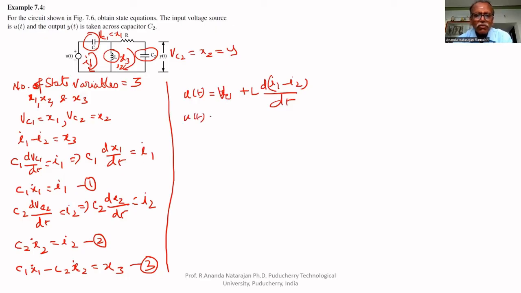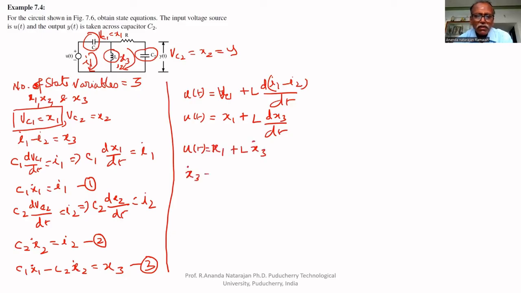But u of t equal to VC1 equal to x1, we assumed. Therefore, this can be replaced by x1 plus L dx3 by dt. That is u of t equal to x1 plus L x3 dot.